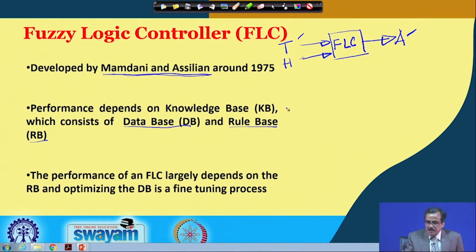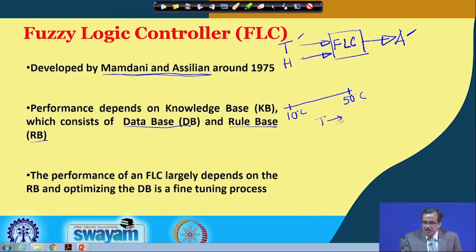This is the range for the temperature, this is the minimum temperature and this is the maximum temperature. Let me consider the minimum temperature is 10 degree centigrade and the maximum temperature is 50 degree centigrade.